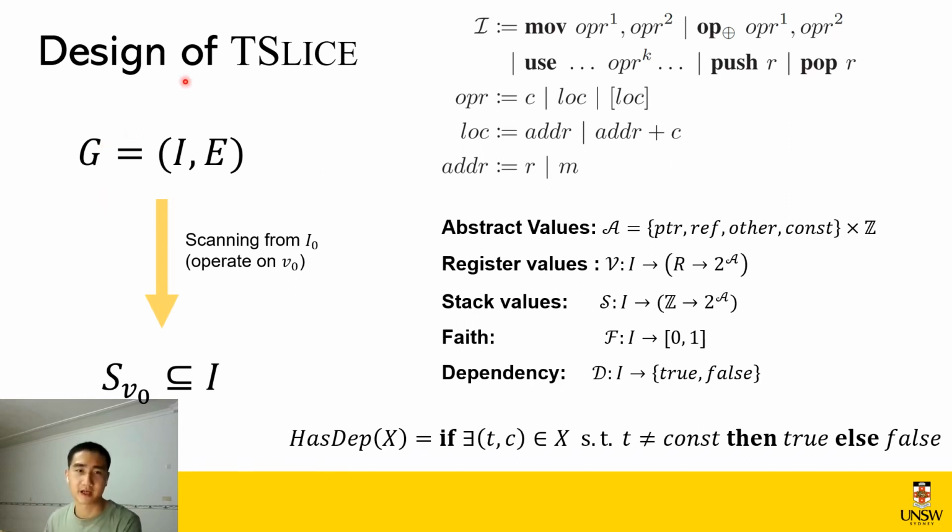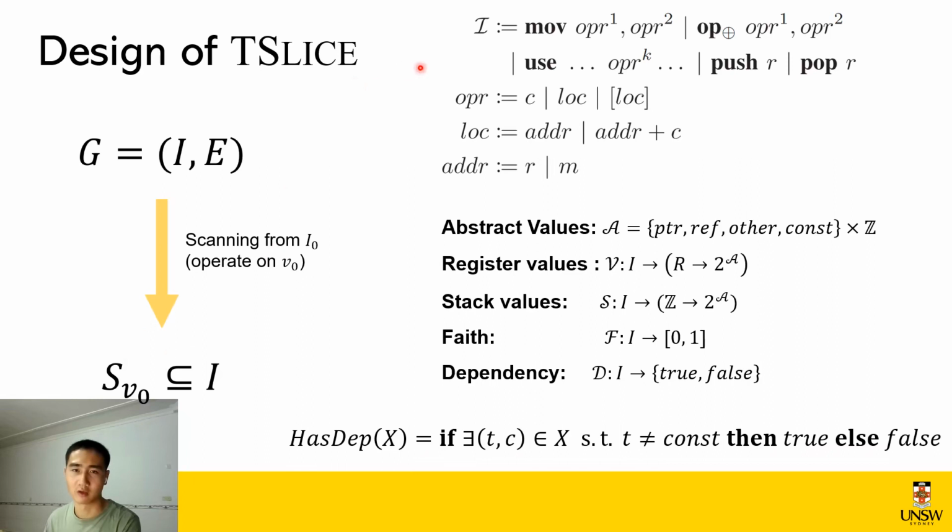So, the design of T-slice. T-slice works on a control flow graph consisting of instructions I and edges between those instructions, and it scans from I0, which is the first instruction that operates on V0, and it generates a subset of instructions, which is the slice result.